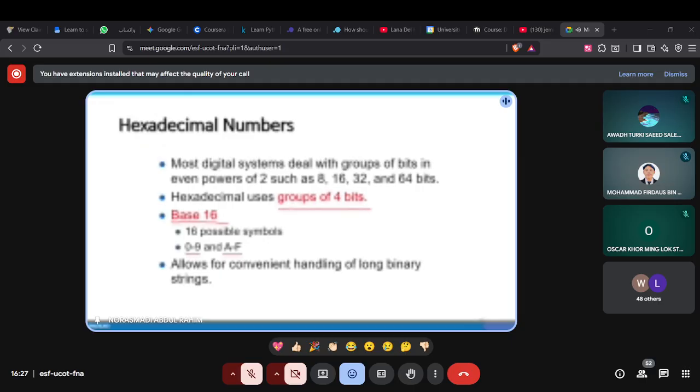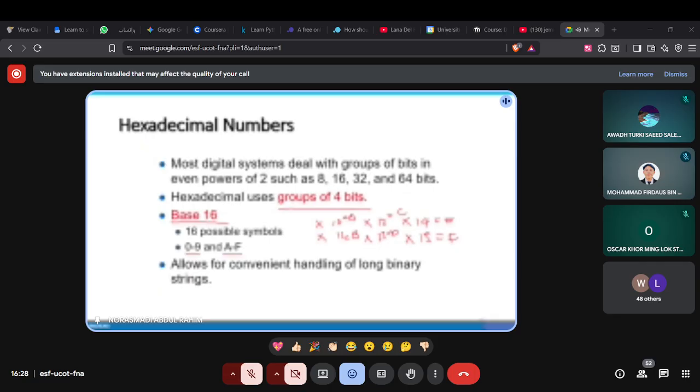So there is no number 10, no number 11, no number 12, 13, 14, and 15. Actually 10 is equal to A, 11 is equal to B, 12 is equal to C, then D, E, and 15 is equal to F. Okay.